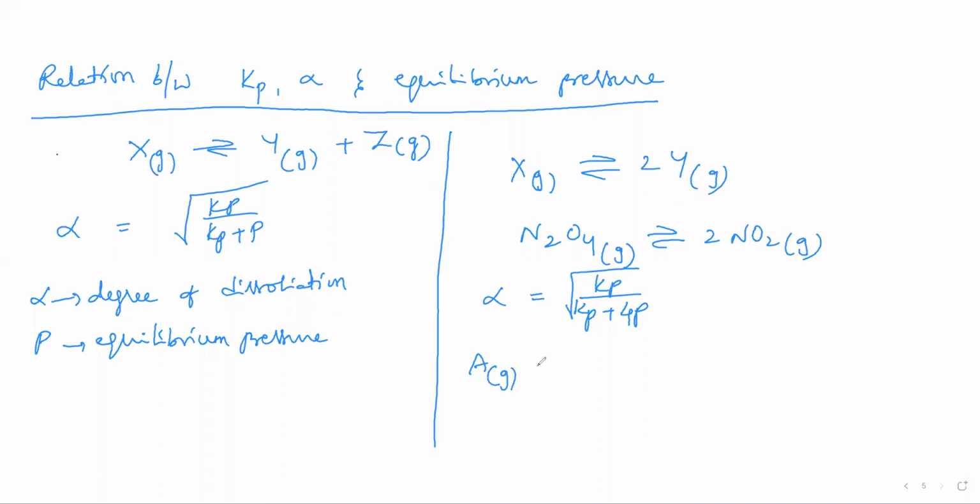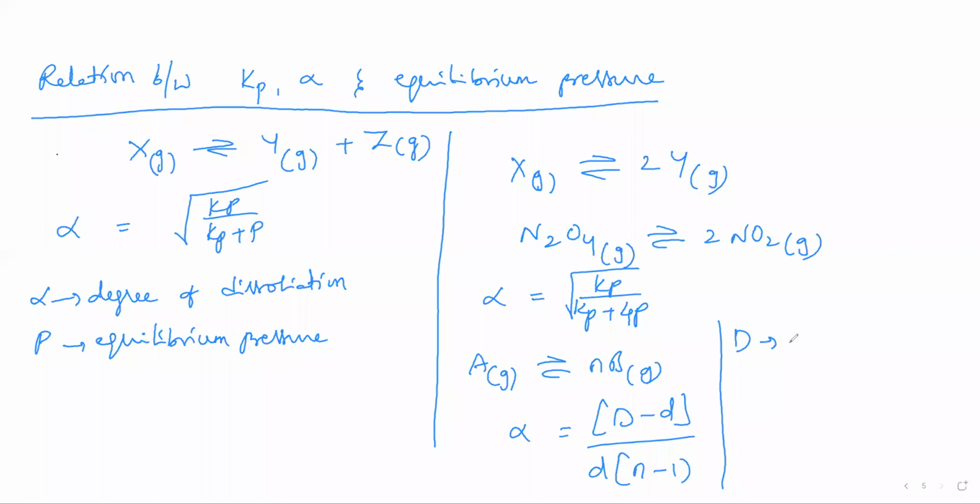Or A is gas, which gives N moles of B, that is also gas. Then alpha is equal to (D minus d) by d into (N minus 1). What is D, sir?